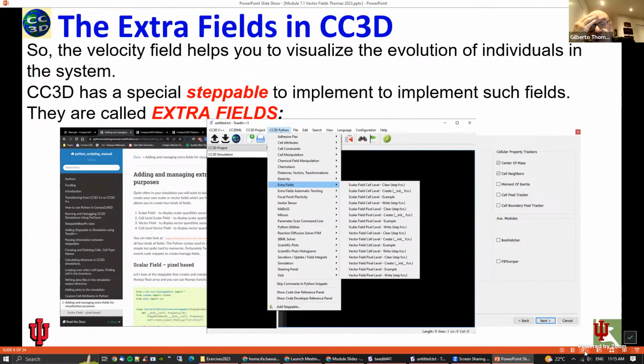Well, to edit in the CC3D Python drop-down menu, there is a tab here called extra fields, where you can include each kind of field you talked about so far, the scalar fields or the vector fields by hand, line by line.